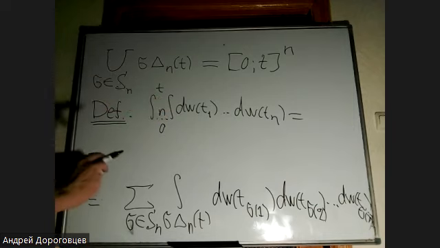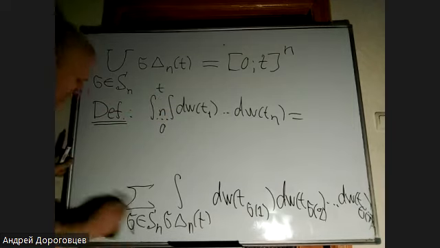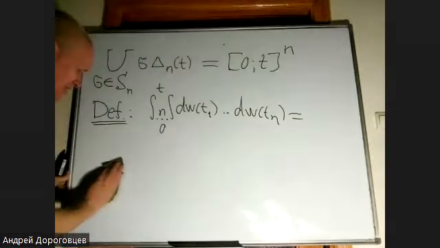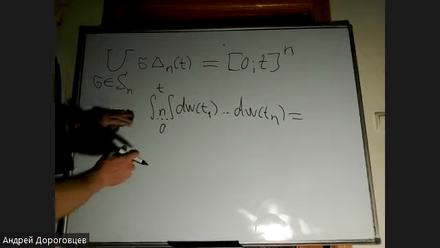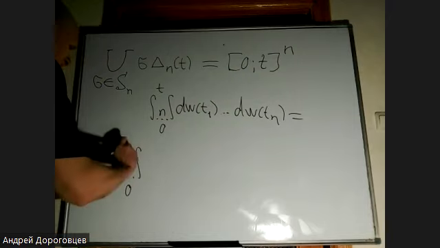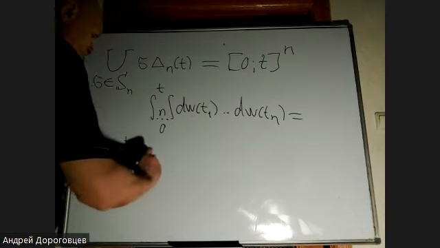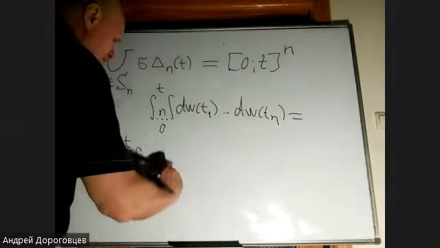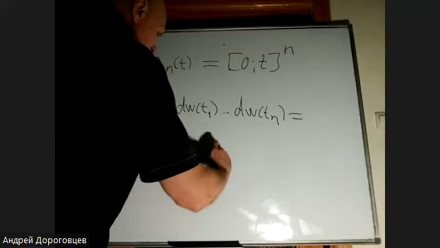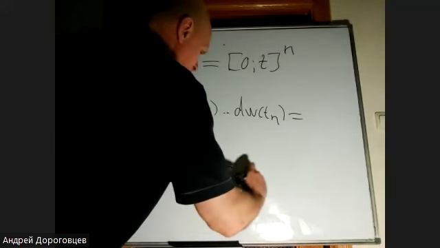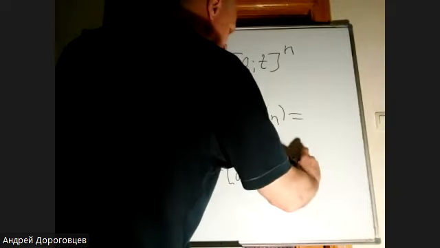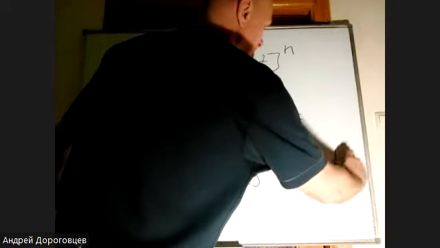I can put here 1, and I can write this as the integral from 0 to t of the indicator of [0,t] at t1, the indicator of [0,t] at tn, dW_t1 ... dW_tn.